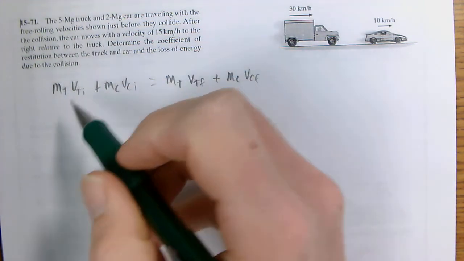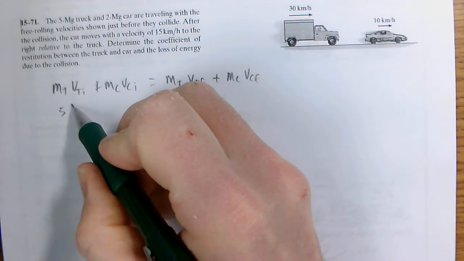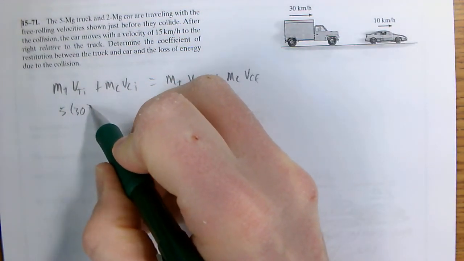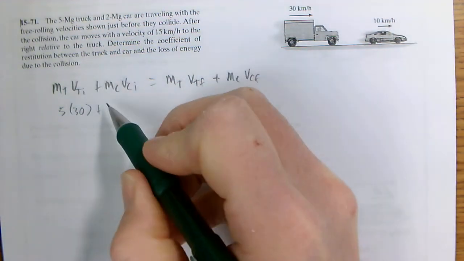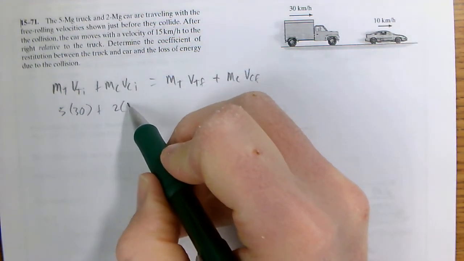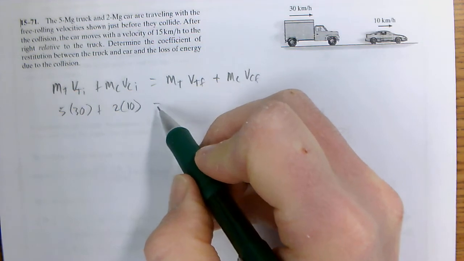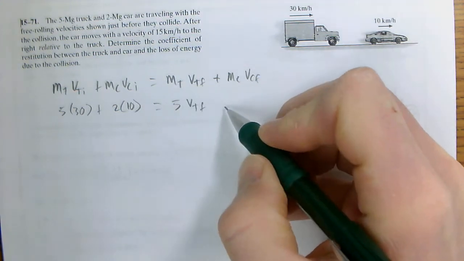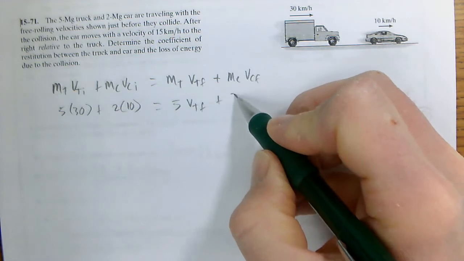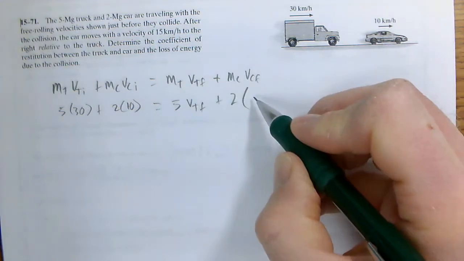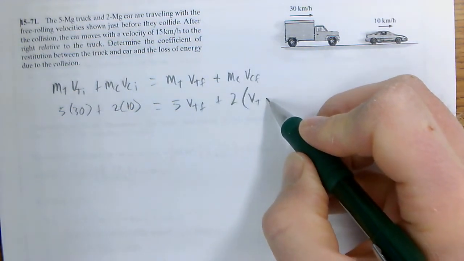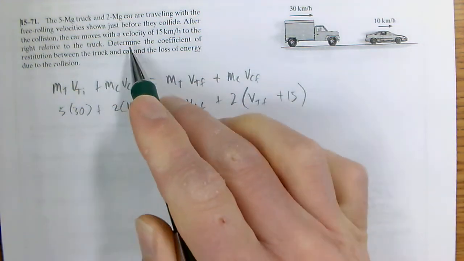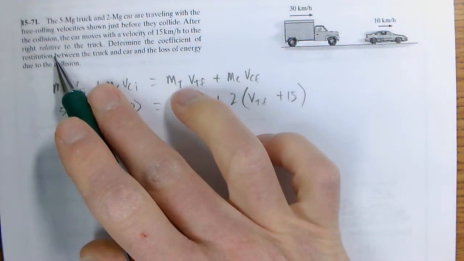So I'm going to multiply this by 5 and this by 30, plus 2 and 10, and that equals 5 times v of the truck final plus 2 times v of the truck final plus 15, because the car is going 15 to the right relative to the truck.